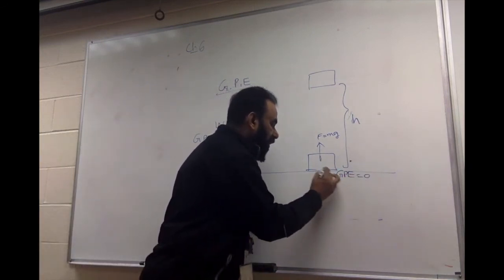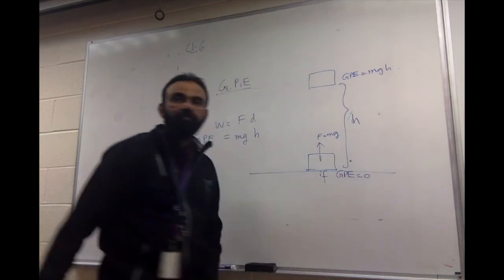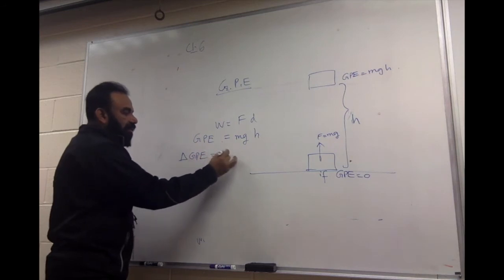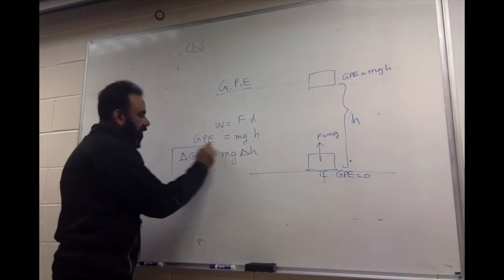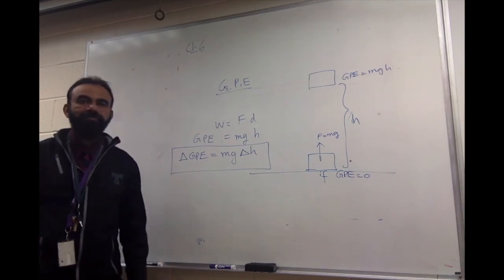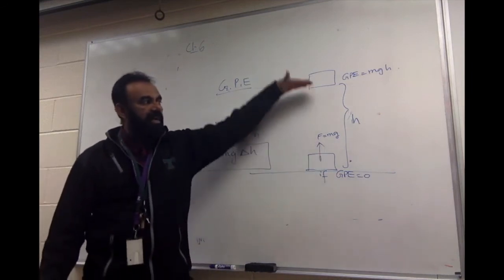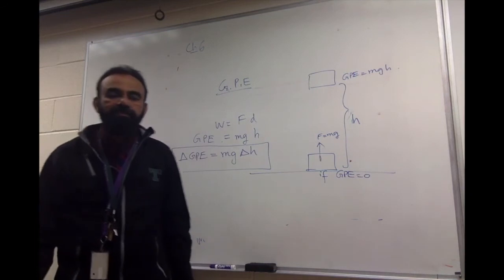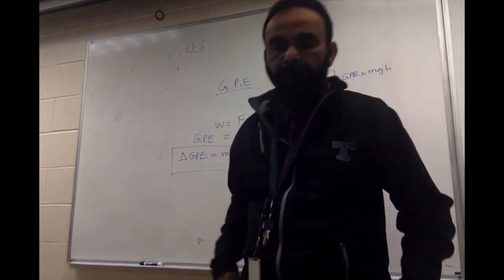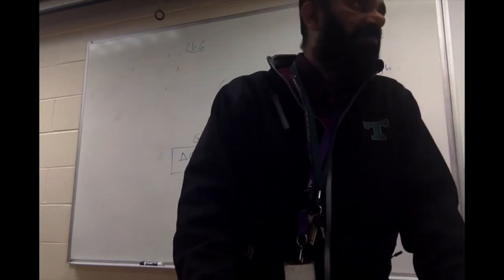If GPE here is 0, then the GPE here is mgh. That is why instead of writing like this, we say change in GPE is equal to mg times change in height. So it's a change in height that we're more interested in and not really the height. The change in the height is what's more important than the real height. Do you measure from the bottom of the object? You can measure from anywhere. It is just from the height, which is center to center, or bottom to bottom.